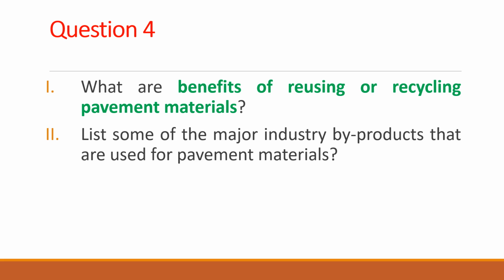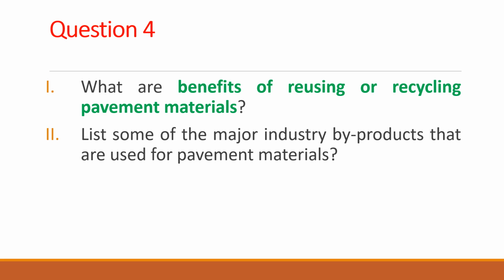Especially when you consider aggregates, if we can have some industry byproducts, any recycled materials as aggregates, we can save energy, we can save cost, and also we can prevent dumping to landfill. So there are a lot of advantages. So can you please answer this question as you understand, and I will go through the answer after you try by yourself.